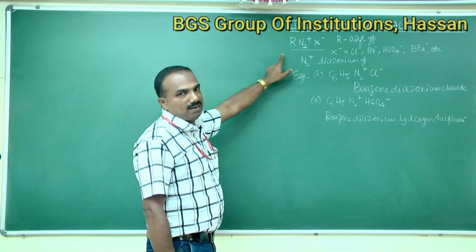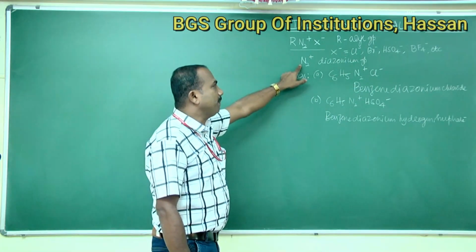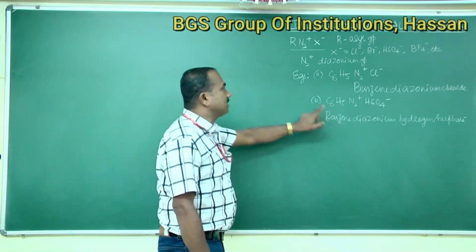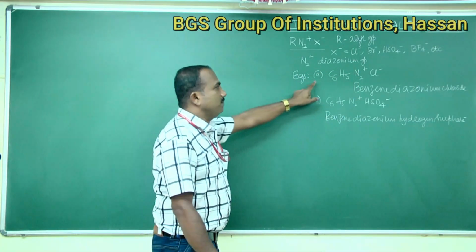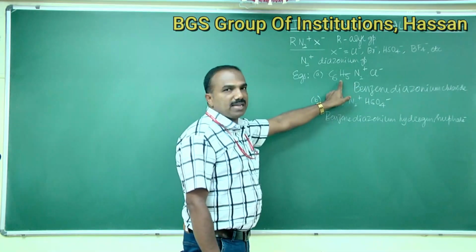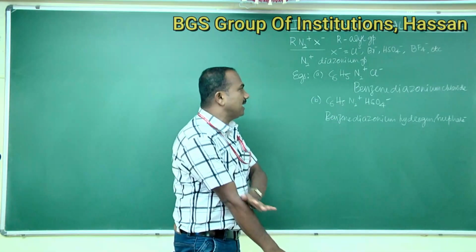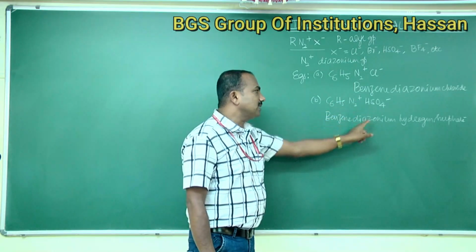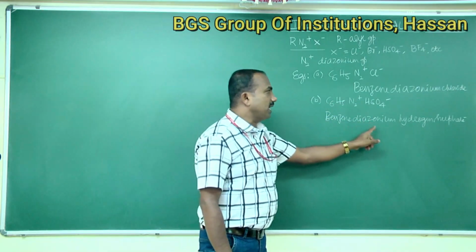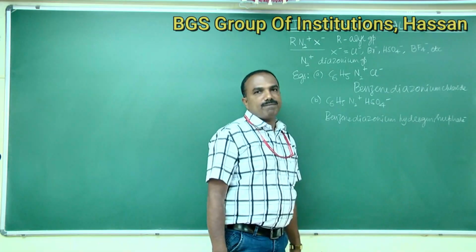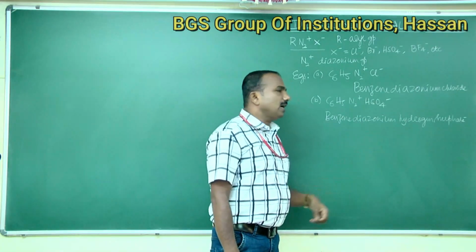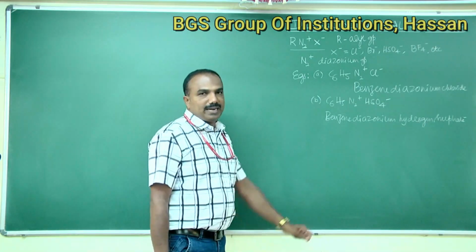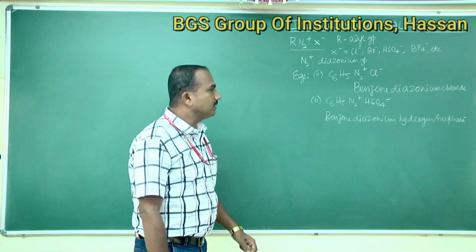Examples are benzene diazonium chloride, C6H5N2+Cl-, and benzene diazonium hydrogen sulfate, C6H5N2+HSO4-. This is the introduction regarding the definition of diazonium salts.